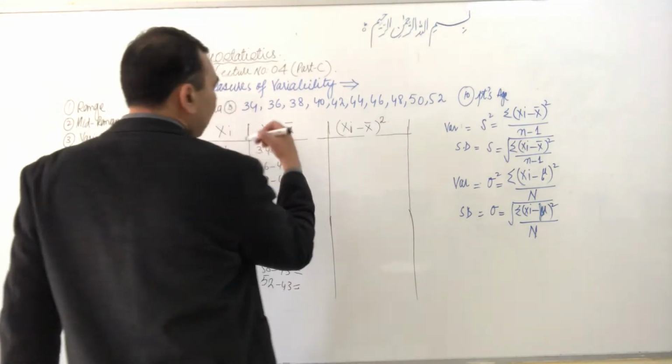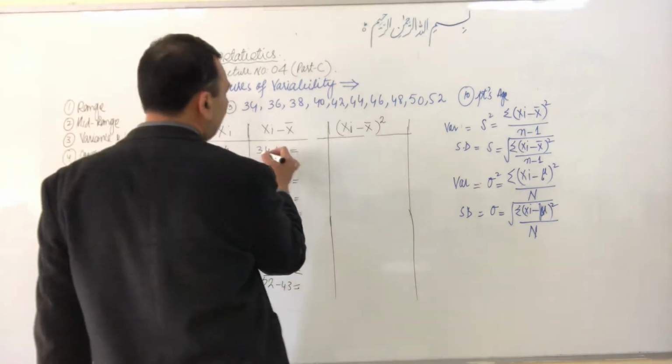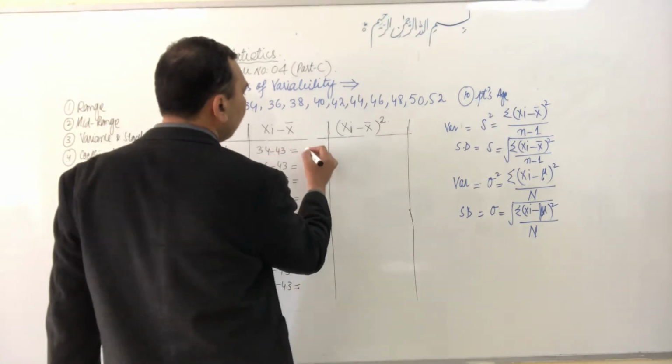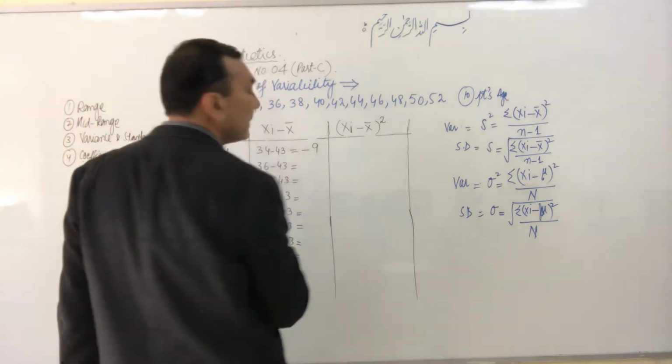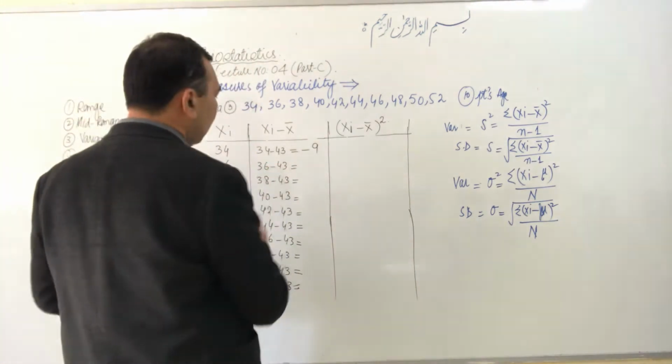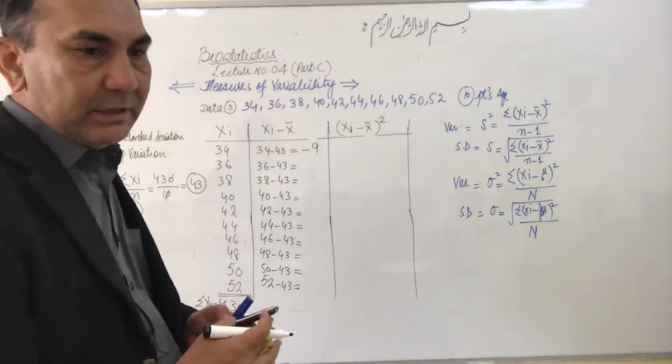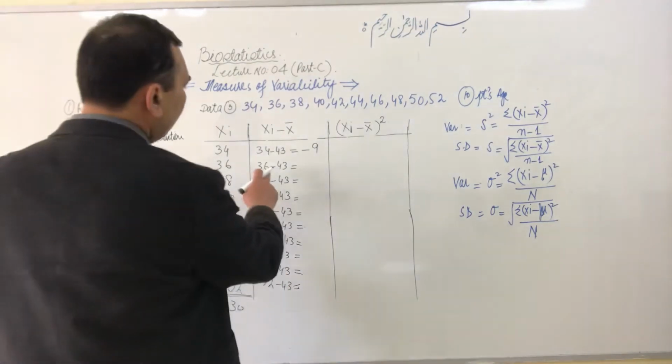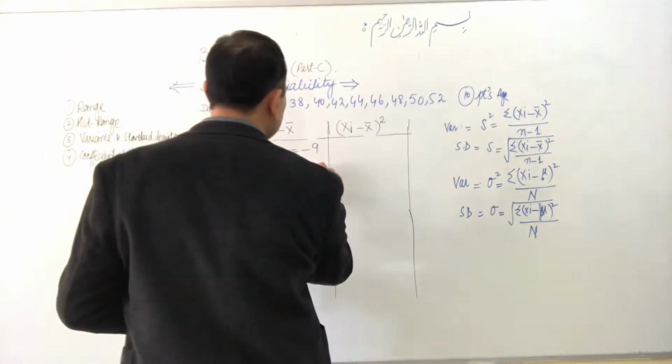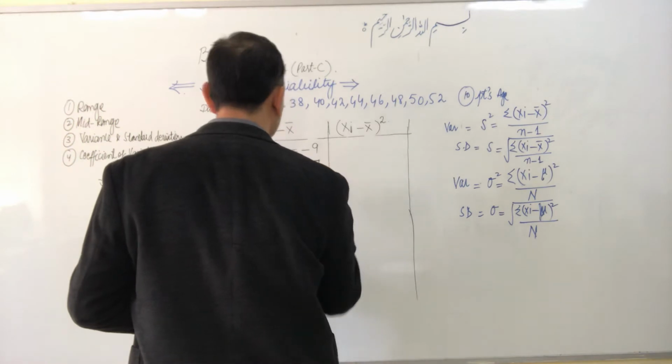When we subtract the 43 from 34, it comes up with minus 9. And when we subtract 36 from 43, it comes up with minus 7.